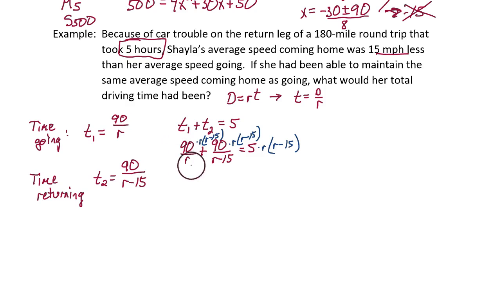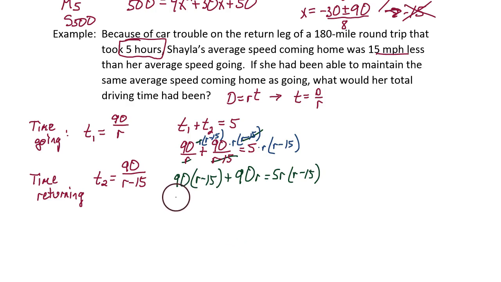By doing that, the R's cancel away here, leaving 90 times R minus 15, plus, and here in the middle, the R minus 15's cancel, leaving 90R, and that's equal to 5R times R minus 15.